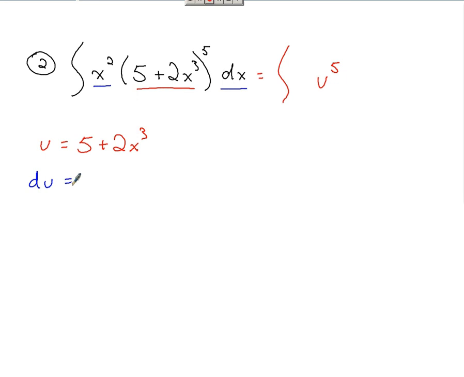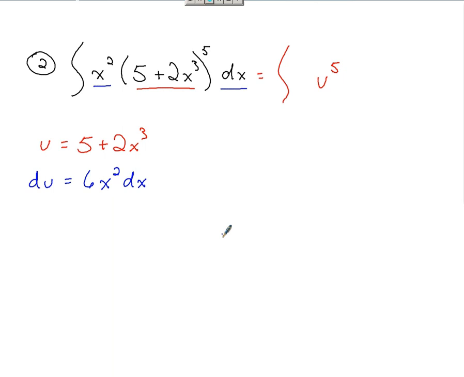That equals, keeping in mind we're taking the derivative here, 5 goes to 0. You've got 2x cubed, so 6x squared when I take the derivative. You just took the derivative of something that has an x in it, so we attach a dx.